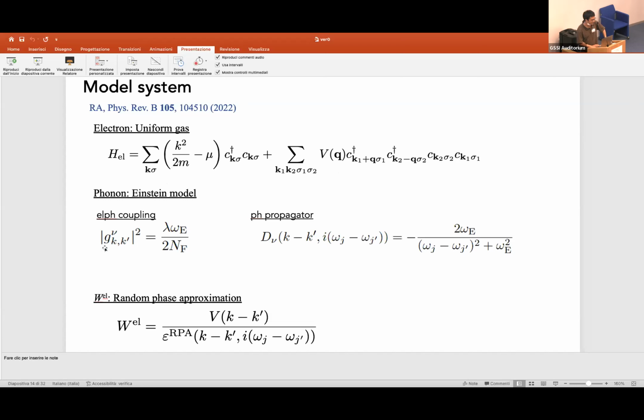Here, the electron-phonon coupling is controlled by the coupling strength lambda and the Einstein frequency omega_E, and N_F is the electronic density of states at the Fermi level. With this Einstein model, the phononic propagator is also independent of the electronic wave numbers. And for the electron-electron Coulomb interaction, I adopted the random phase approximation, where the dielectric function is of the Lindhard form within the random phase approximation.